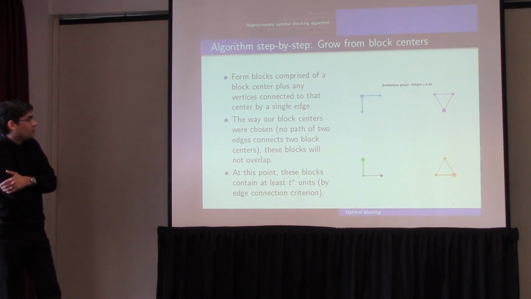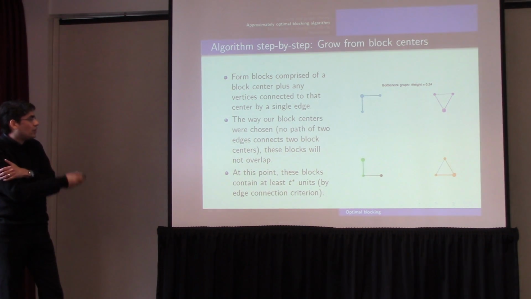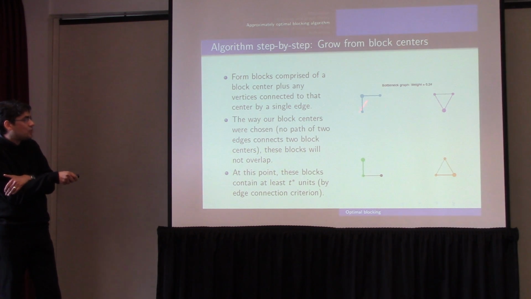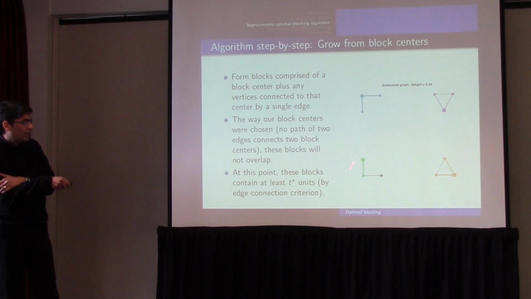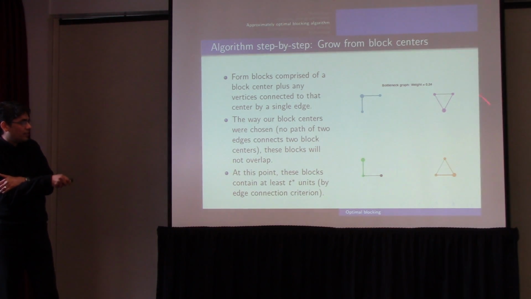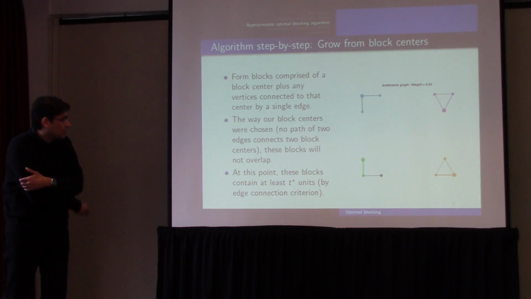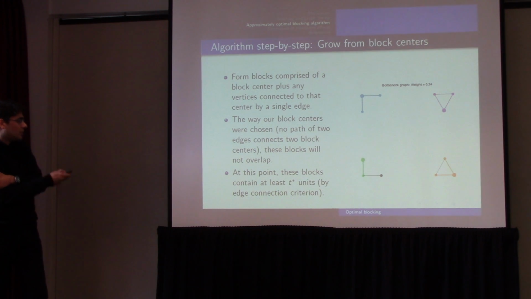And then once you have disjoint block centers, you say, okay, everything that's connected by a single edge, I'm going to block it together. So this is connected by a single edge, that's connected by a single edge, so those are now together, this is together, those are now together, the block center there, there, there, there, right? So that point is still free out there in space, and I still have an ambiguity on this one, right?